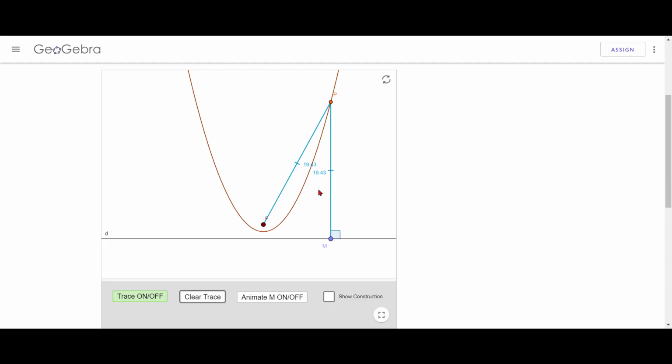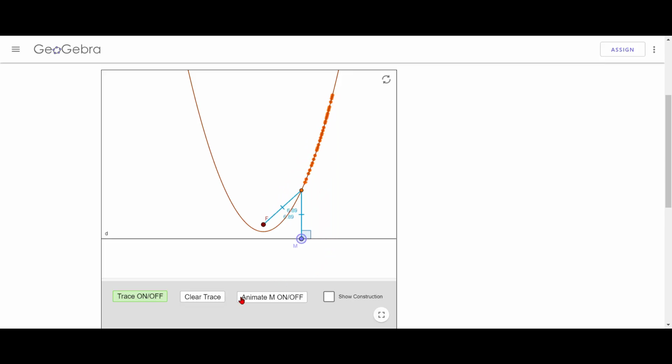You can see this is a parabola. This is the focus, and the directrix line. We can consider any point on the parabola, this point P. The straight distance from the focus to the point and the vertical distance from the point to the directrix are always equal. We can see it if we change it to different points. Say, for example, any point. What is happening?